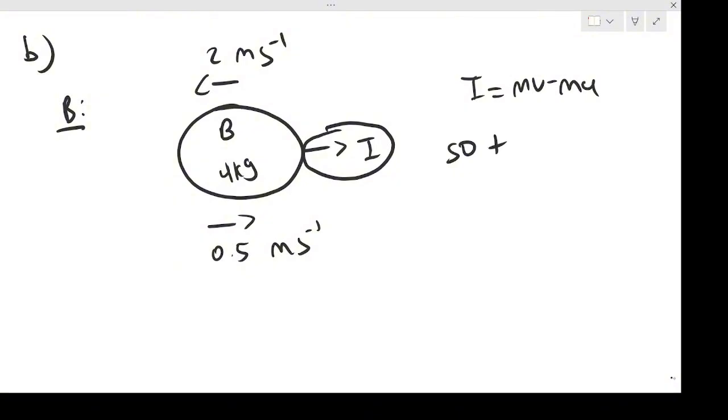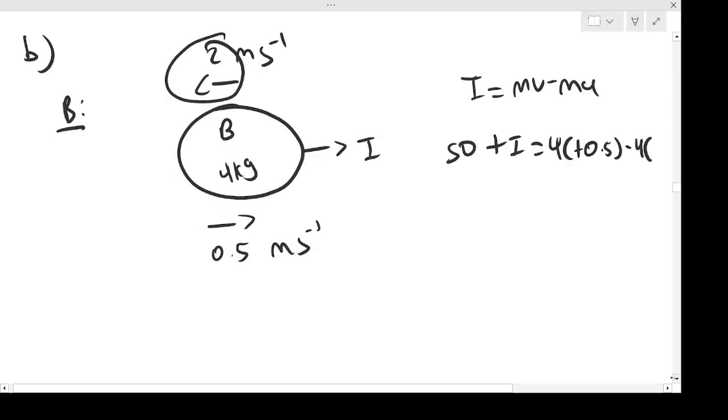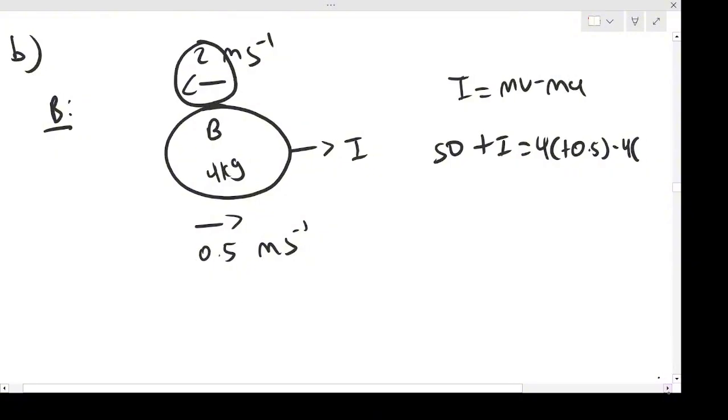So it's going to be positive I is the mass, which is 4, lots of V, which is going forwards, so plus 0.5. Take away m, which is 4, lots of u, which is 2. But u, the initial velocity 2, is going backwards, so we need to negate and do minus 2.